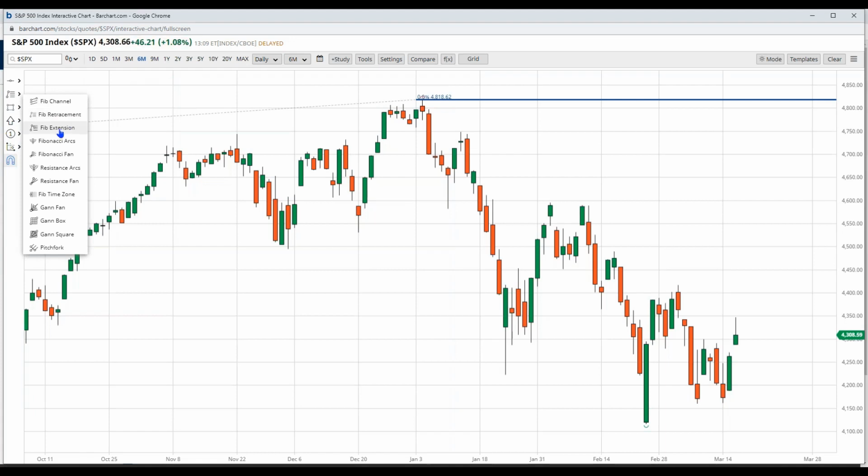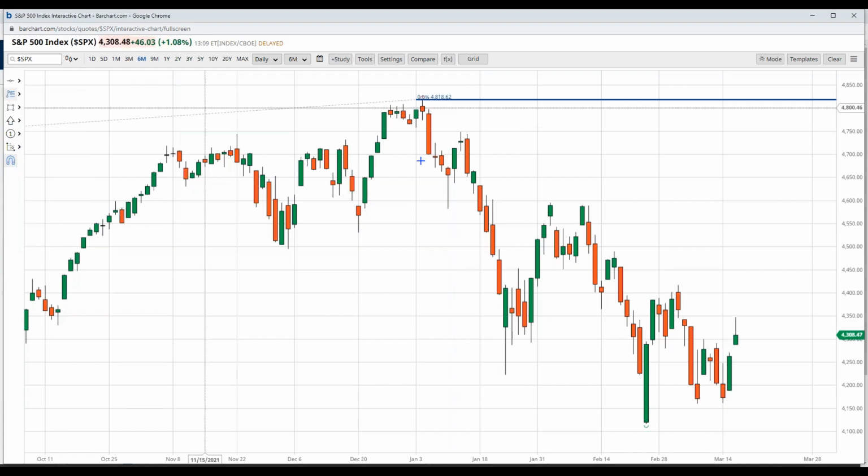So here is our extensions, and let's do an extension. Drawing the Fibonacci tool for an extension is a little bit different, because for the retracement we just need to connect a swing high and swing low. For an extension, we need 3 points. So first we're going to identify that trend, and we're going to connect that extension by the correction.